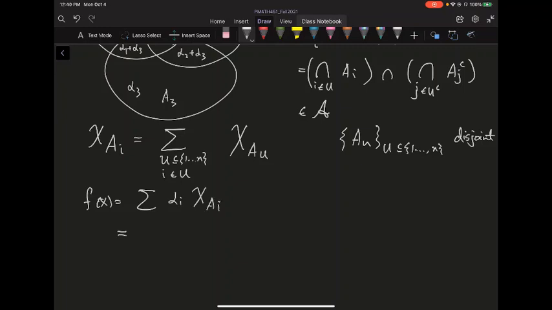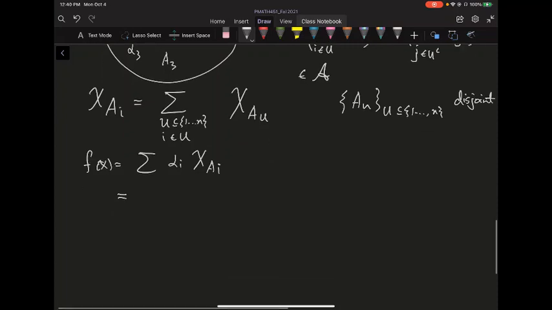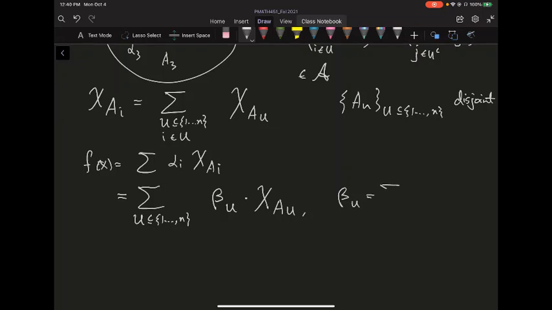Each of these A i can be broken into these A sub U, so you can rewrite this as the following summation over all U, a subset of 1 to n, of beta U times chi of A sub U, where this beta U is the summation of alpha i over all i inside U. So I'm not going to go into the detail, but this is a fact you can prove as an exercise, and it's one of my favorite facts.